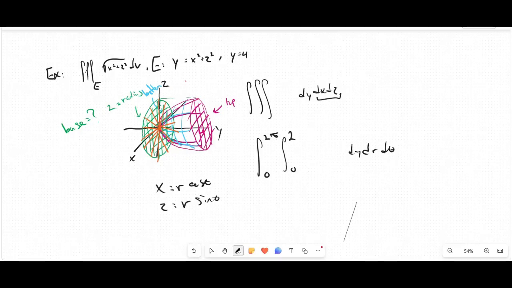On the inside, I need dy now. The lower bound for y is x squared plus z squared. It's that paraboloid. The upper bound is 4. The integrand is root x squared plus z squared. And never, never, never forget to multiply by r if you switch into polar coordinates.